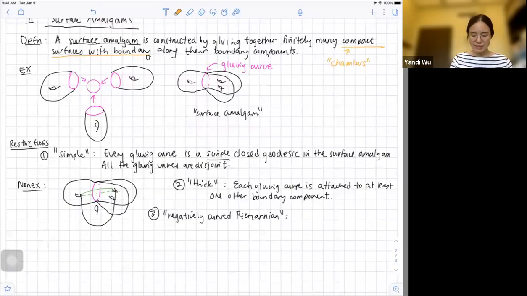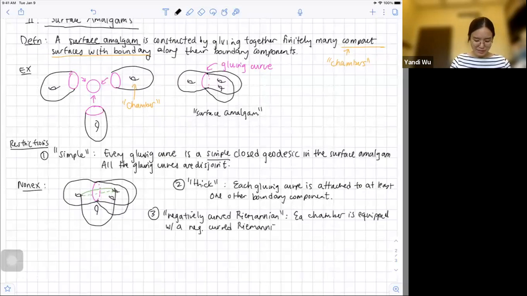For example, for this surface amalgam, these tori are all chambers. You say that a surface amalgam is negatively curved Riemannian if each chamber is equipped with a negatively curved Riemannian metric, so that you get a piecewise negatively curved Riemannian metric on the surface amalgam.